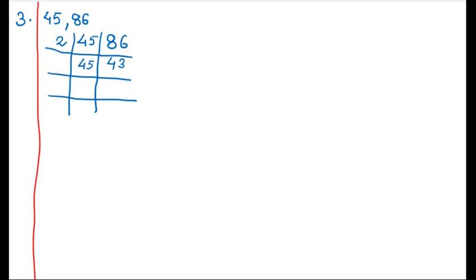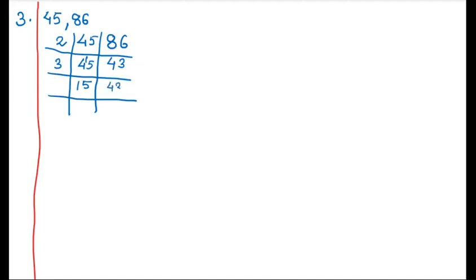So we will write here 3 ones are 3. From 4, if we subtract 3, 1 will remain. That 1 we will write near 5 like this, and we get this 15 in 3's table. 3 5s are 15. 43 is not divisible, so we will write that 43 as it is.